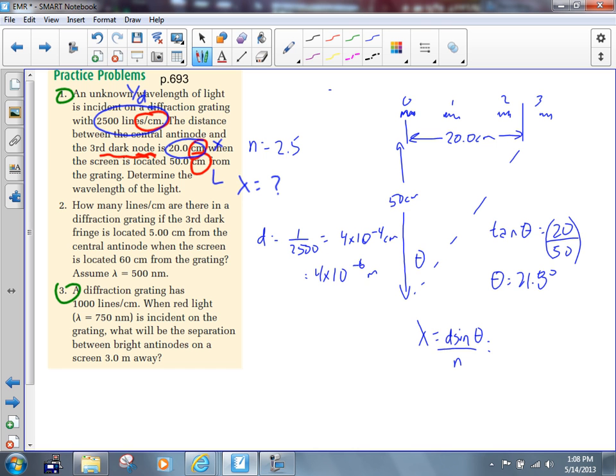That's what we want here because everything else is going to be meters as well. 4 times 10 to the minus 6 times sine 21.8 over little n, and little n was 2.5. We get the value for lambda there is what? 5.9 times 10 to the minus 7 meters.